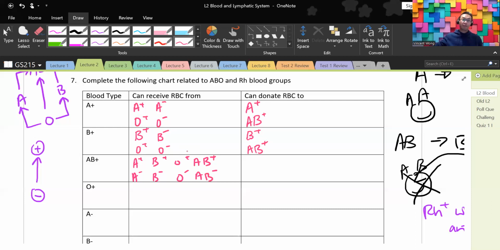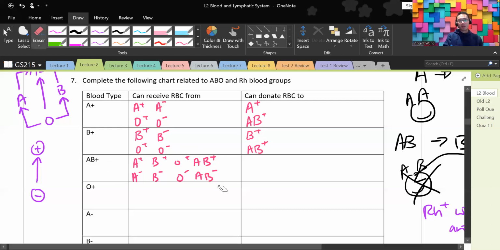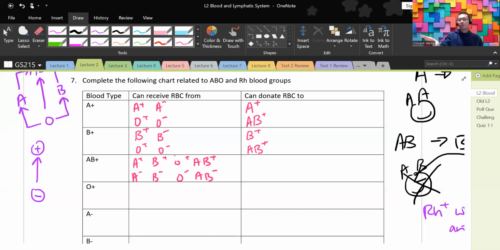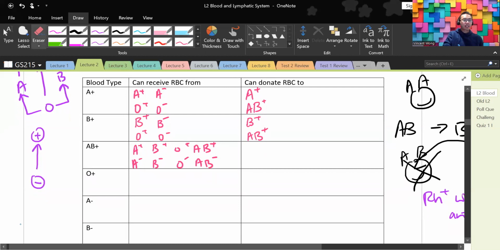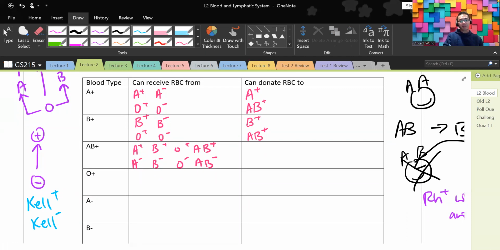Remember, there are like 40 different blood groups, right? Okay, so just because I am compatible within all these blood groups, I have to check to see if I'm compatible for the other ones as well. So for example, we didn't talk about this in class, but I just want to say it as an example. There is another blood group called Cal. Okay, so some people are Cal positive, some people are Cal negative.